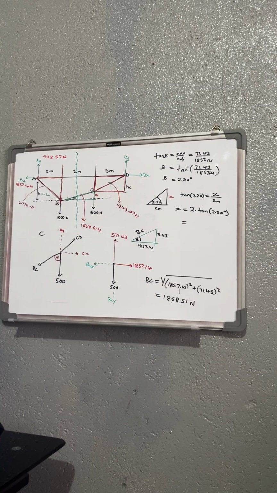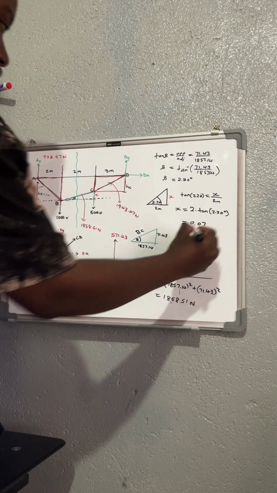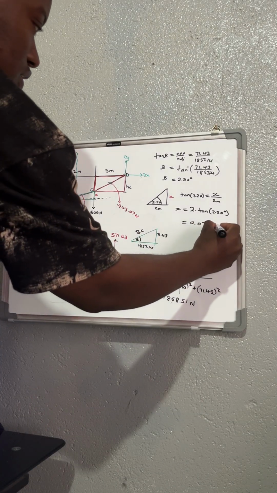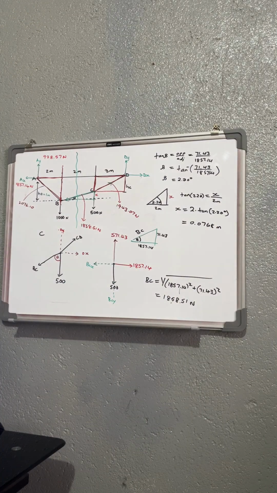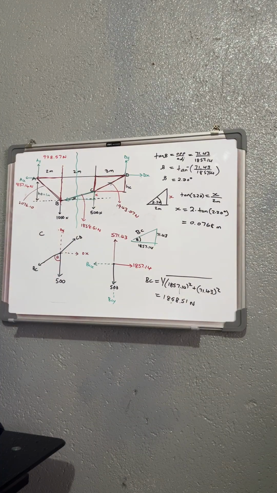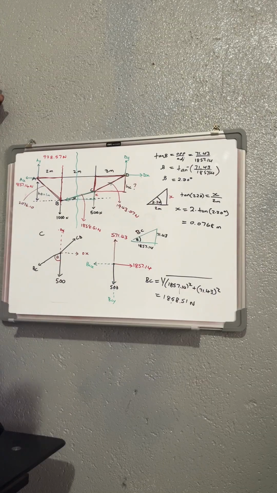Then this would give you 0.0768 meter. And it actually makes sense because it's a smaller portion. Since you found your x, we also had to find out our HC. So how would you find your HC?